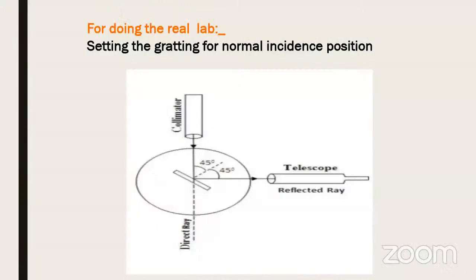For the real lab, set the grating at the normal incidence position. The vernier table is fixed after making the preliminary adjustments. Illuminate the slit with the mercury vapor lamp and make the slit narrow. Bring the telescope in line with the collimator and make the direct image of the slit coincide with the vertical crosswire.